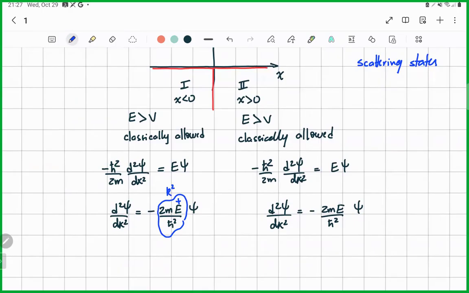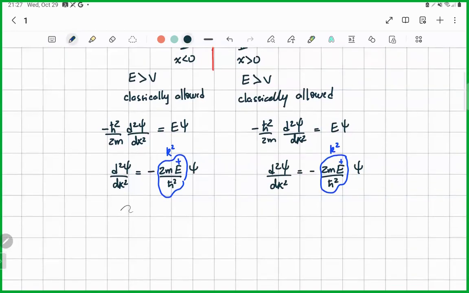Same thing here. Since the energy is positive, this whole piece is positive, I can call it k squared. So this is the equation that we have to solve. It's a simple equation. Notice that there is a minus sign here, different from the case of the bound state.